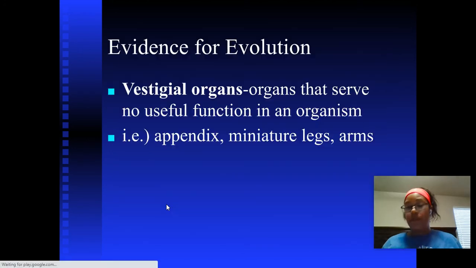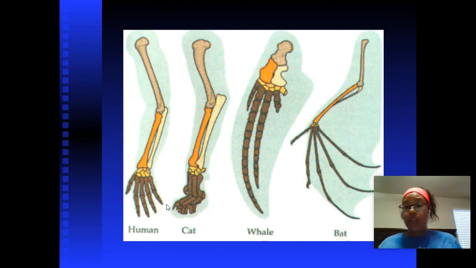Examples of that are the human arm, the cat, the whale, and the bat. They come from the same ancestral tissues, but they all have a different function. The human arm, we know what it does because you have one. The cat arm acts as a foot. The whale to swim, the bat to fly. So they have different functions and different forms, but come from the same ancestral tissue.